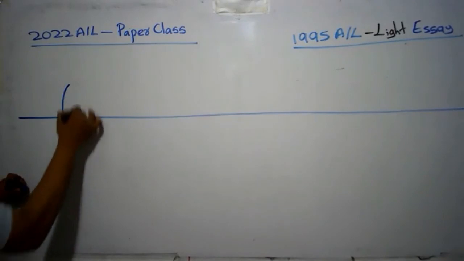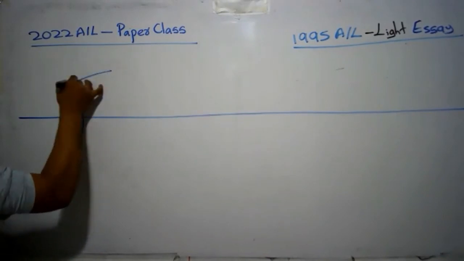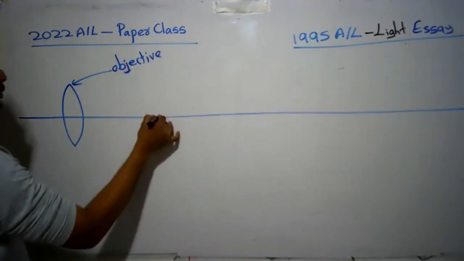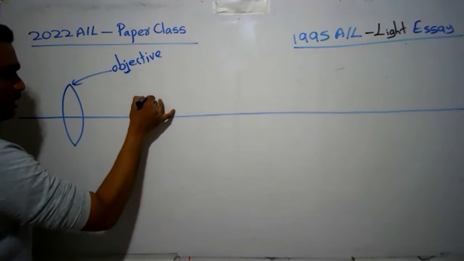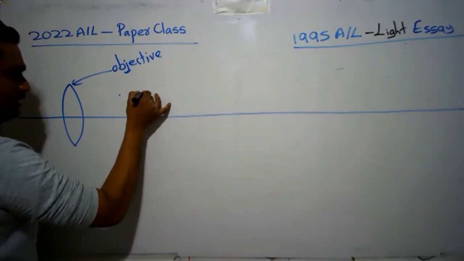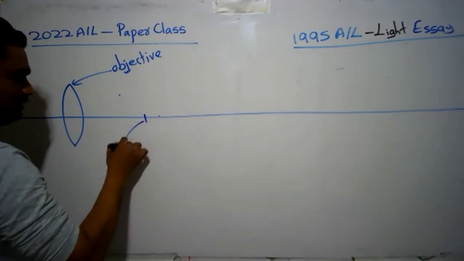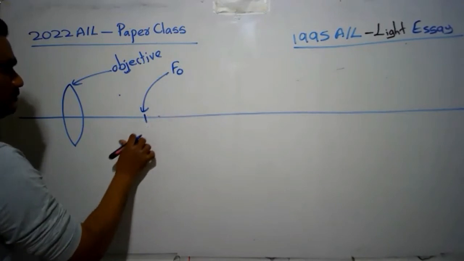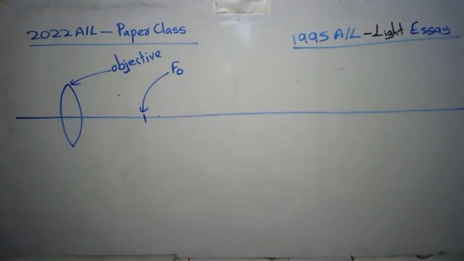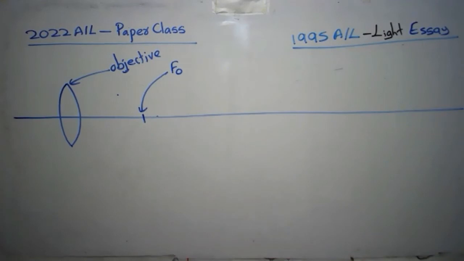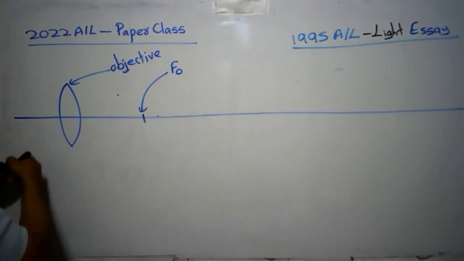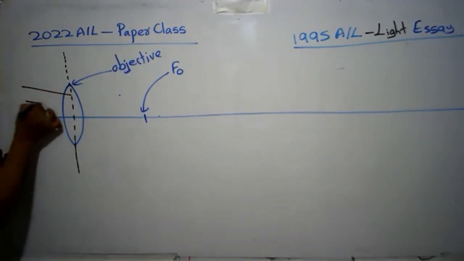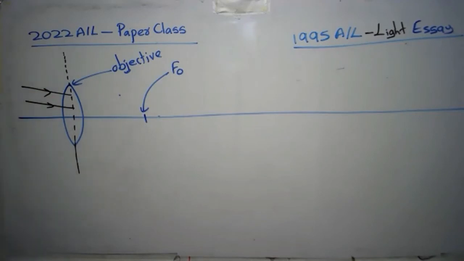So this is the objective lens. I'll mark its focal point to be here, let's say FO. Then I'll take two light rays coming from the distant object, and they are parallel to each other.